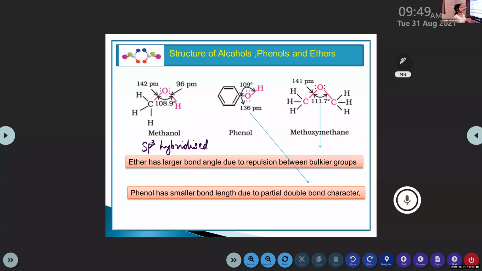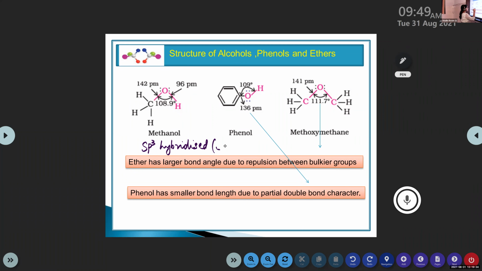If a triple bond is present, that is considered as sp hybridized. Single bond sp3, double bond sp2, triple bond sp. So in methanol, both this carbon and oxygen are sp3 hybridized.